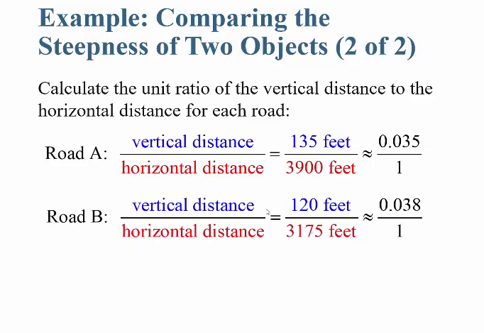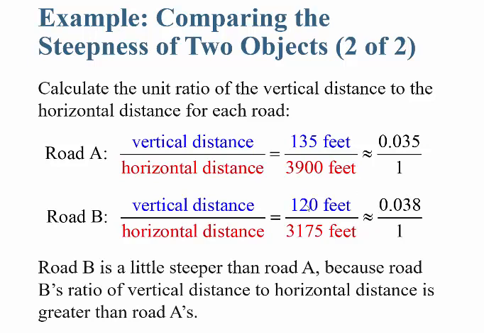For road B, the vertical distance to the horizontal distance, 120 feet divided by 3,175 feet, you get 0.038. So notice that even though road B only goes up 120 feet, it's actually a little bit steeper than road A. That means as it climbs, the steepness of it is higher, because road B's ratio of vertical distance to horizontal distance is greater than road A's.